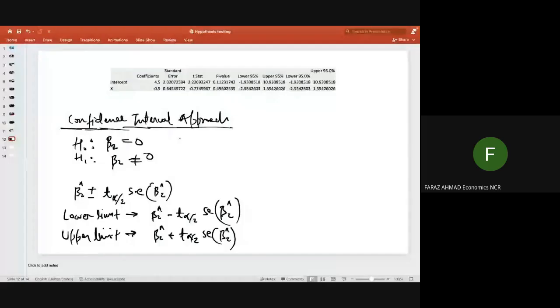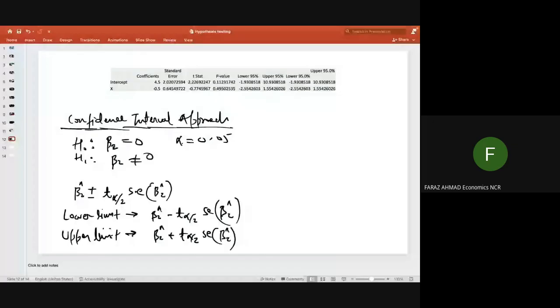So we get a lower limit and an upper limit, and this is 95% confidence interval because it depends on our alpha, and we have assumed our alpha to be 0.05. So when we are saying alpha by 2, it means we are talking about half the area, half the alpha, because there are two tails.